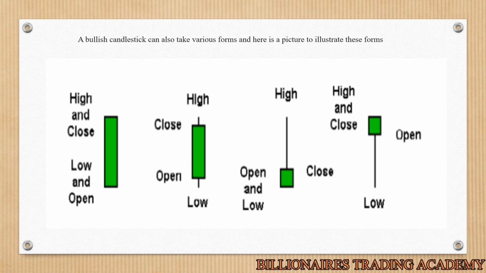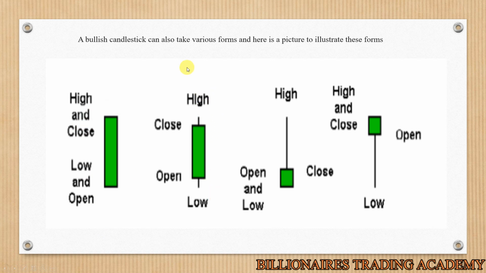So you have various candlesticks, and these are some of them. Some of them do not have the wicks, while others are formed in different ways, and really you can't comprehend all of them. Here, since we don't have the wicks, how do you name it? This becomes the open, this becomes the close. So the open and the close become the high and the low of the candlestick. Then the body remains as it is.